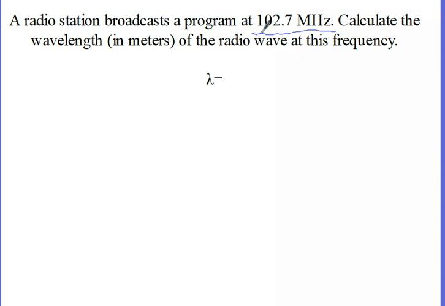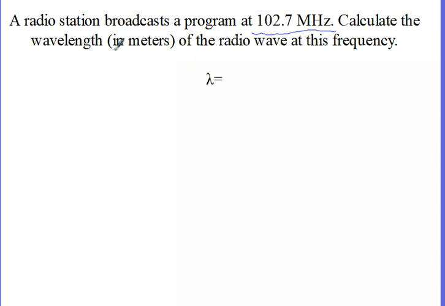If you've turned your radio on, whatever your favorite radio station is on a regular FM radio dial, that number has a unit on it of megahertz. So if you like, you know, KZ 106, which is 106.5 megahertz, or this one is the local radio station where I live, 102.7 megahertz.